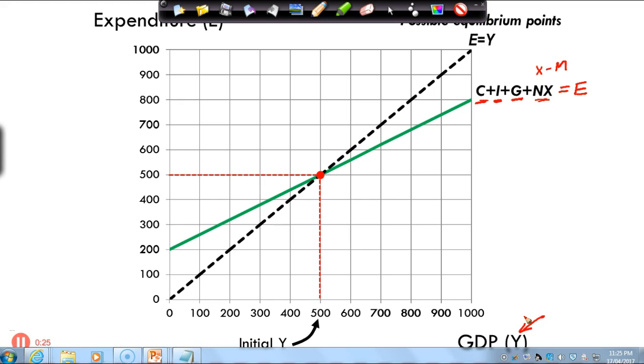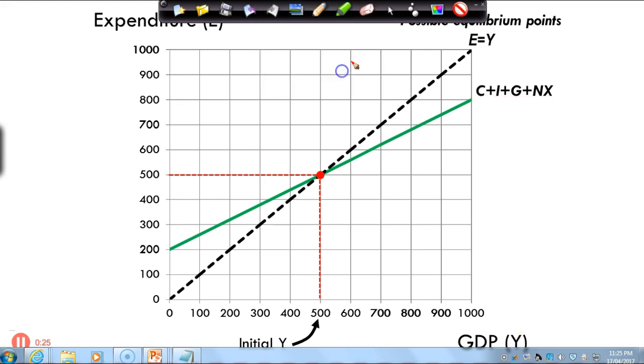That is to say, what if one of these components of expenditure changed independently of income? We've already seen how consumption expenditure in particular changes because of a change in income, but here we're talking about what if one of these factors changed first, was the causal factor, so to speak.